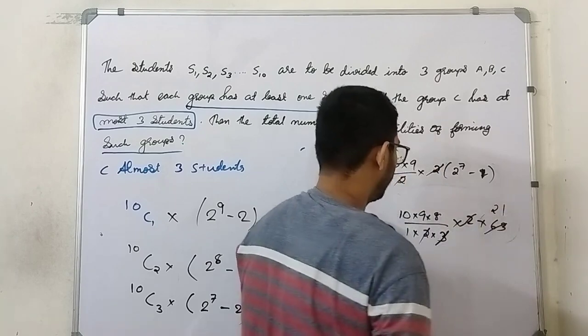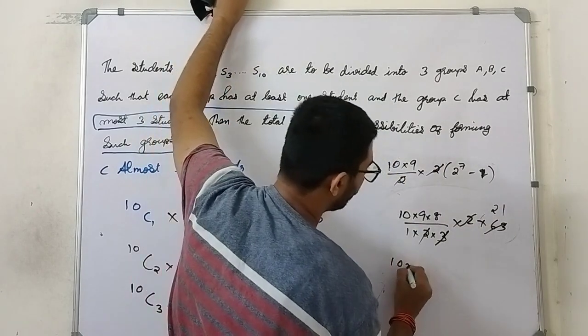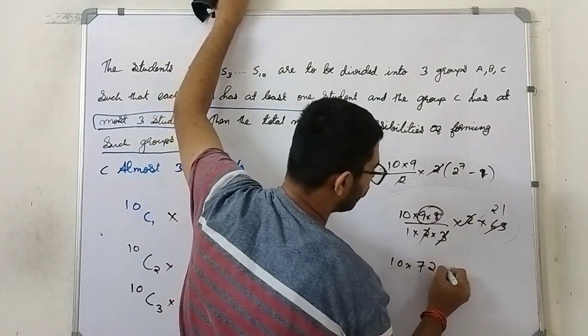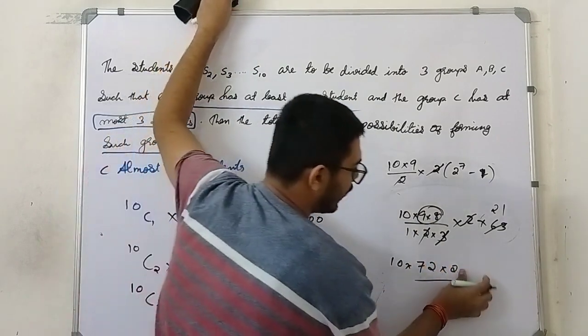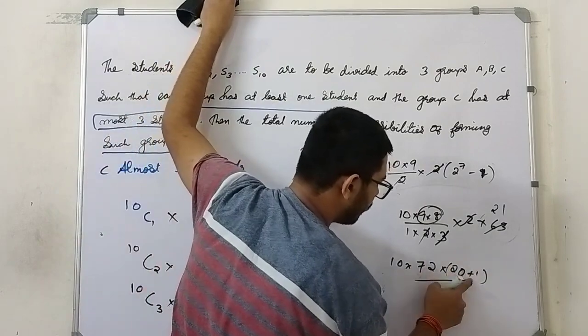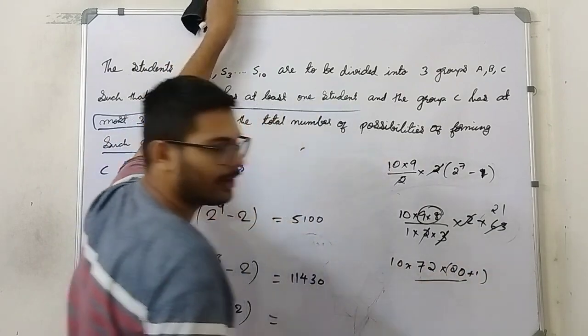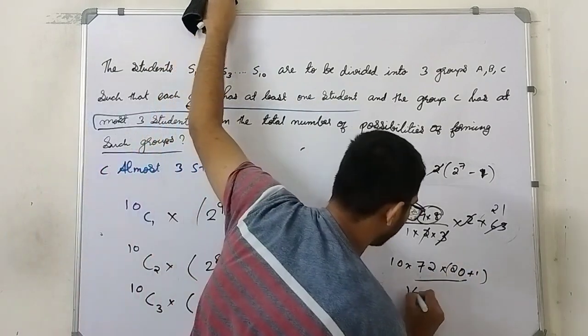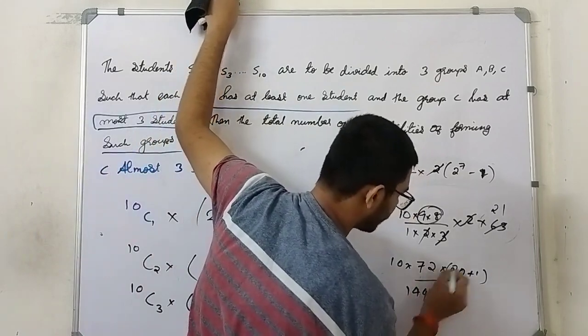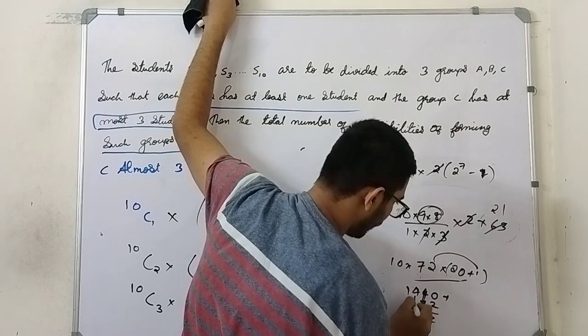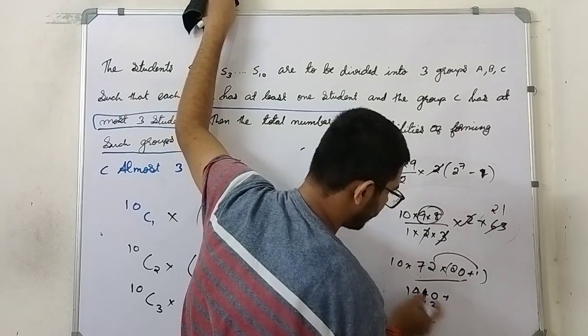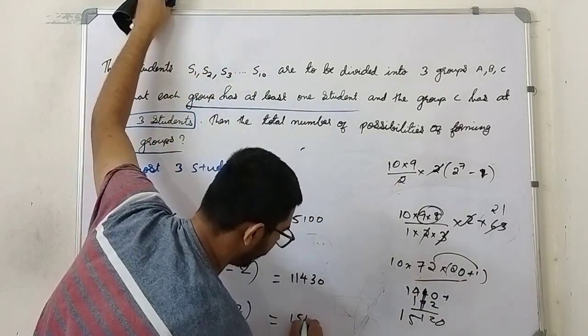It will be 21. Now 10 into 9 into 8 is 720, into 21. So we can calculate this as 20 plus 1. So this value will be 15120.